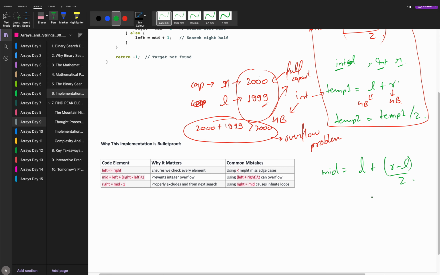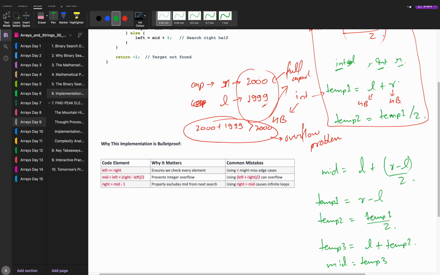Now this whole step would be broken into temp 1 is equal to right minus left. Temp 2 is equal to temp 1 divided by 2. Temp 3 is equal to L plus temp 2, right? This temp 3 will go into mid. Mid equals temp 3.